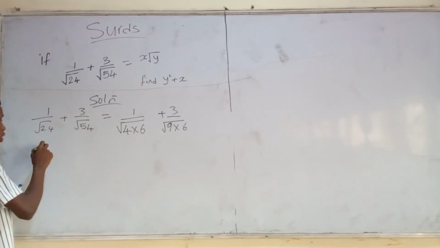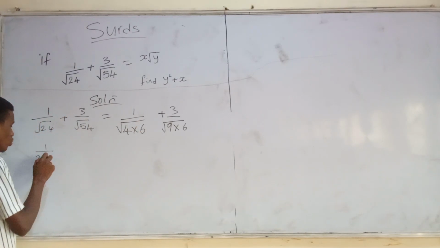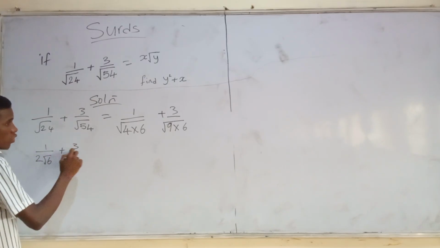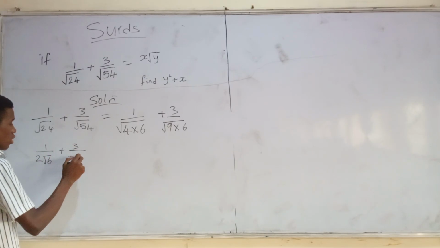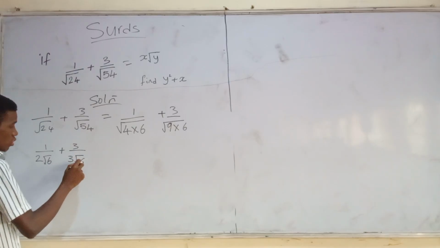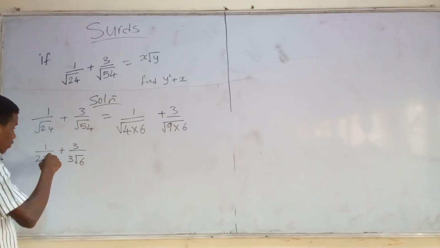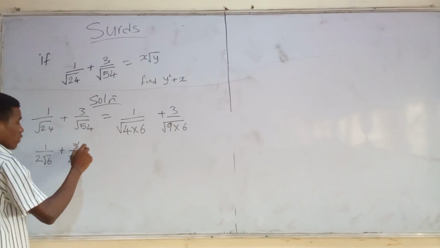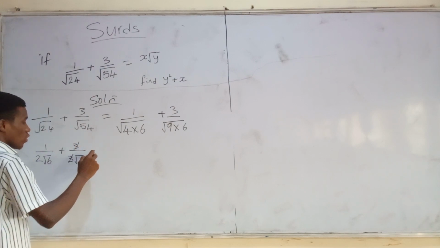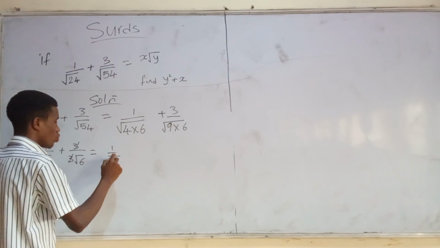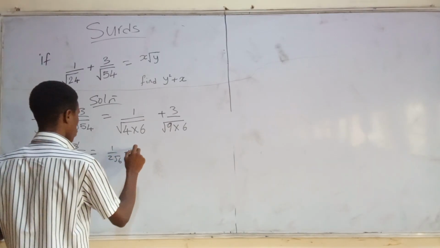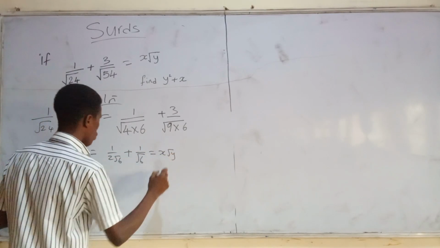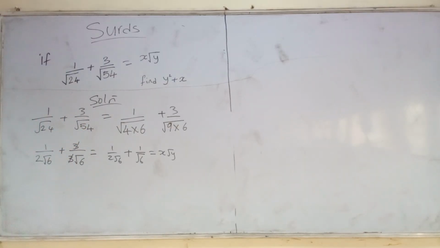So if we evaluate this, what do you have? 1 over 2 root 6, abi? Plus 3 over what? 3 root. Is that not? Abi? So we have that 1 over 2 root 6 plus 1 over root 6 is equal to what? X root y. So we can find the LCM here easily, right?